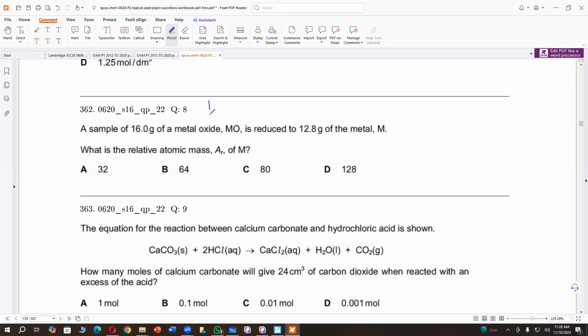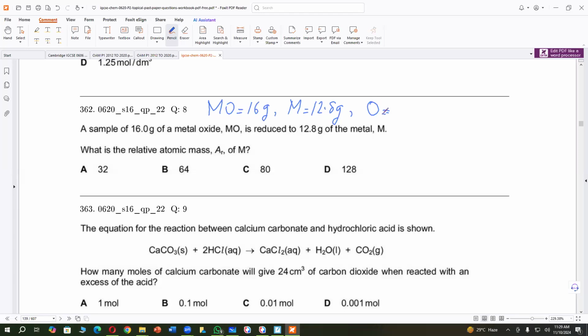Look, MO means metal and oxygen is 16 gram. Alone metal is 12.8 gram. So how much oxygen will be there? Metal and oxygen together is 16.